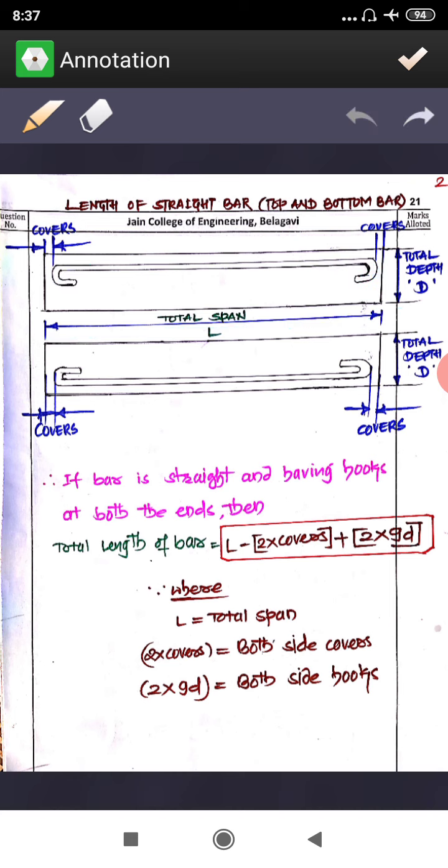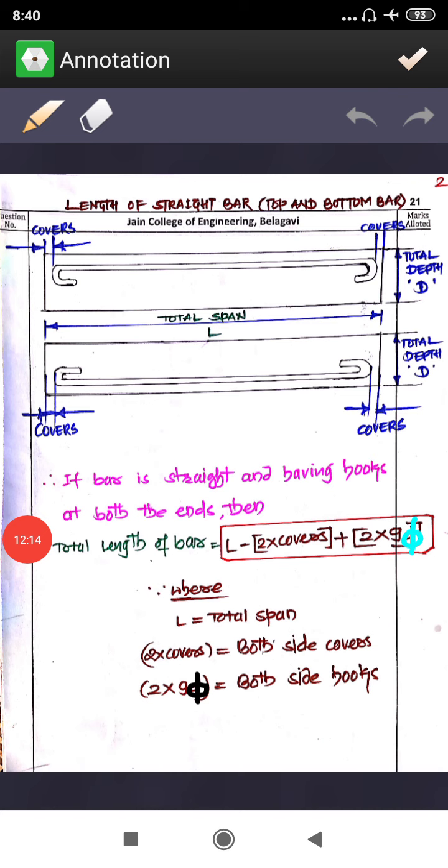So that I have shown here, total span L minus 2 covers plus 2 hooks, 2 into 9 pi, or you can take it as d here, d stands for dia, or you can call it as pi, right, 9 pi. So just to differentiate between that small effective depth and dia, you can use the 9 dia symbol, or else directly you can write it as dia.